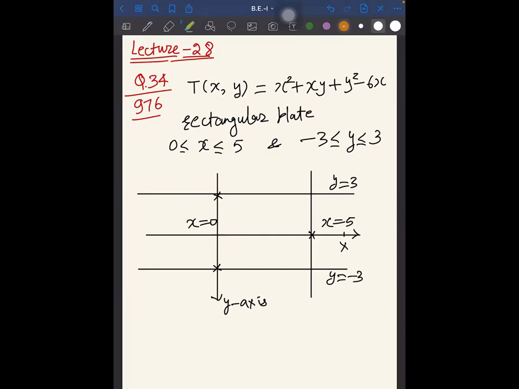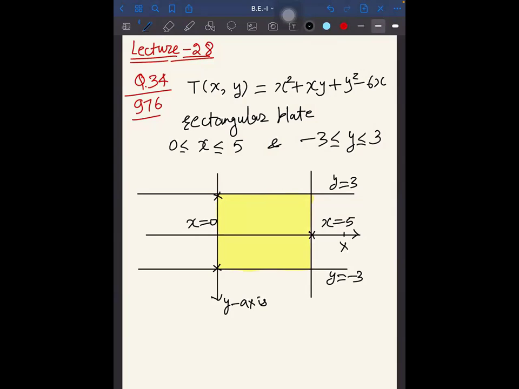So we have this much area, and we want to find the maxima and minima over this region. Are you with me on this?